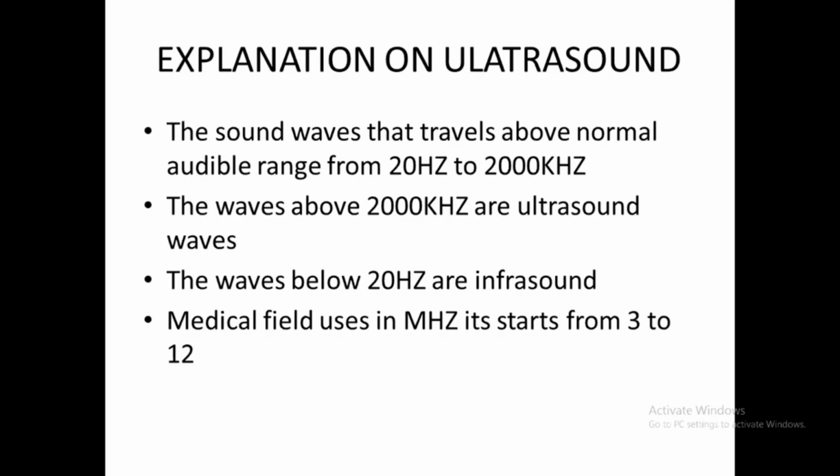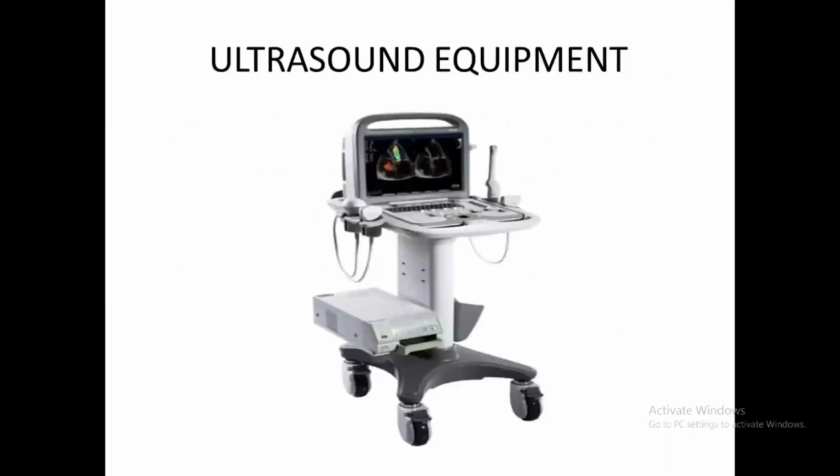There are a few images that generally lie in these terminologies, depending upon the frequencies we use in the ultrasound. In further slides you will see that, and I'll explain it in detail.